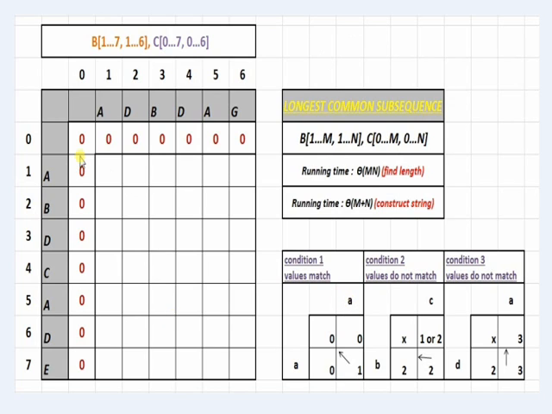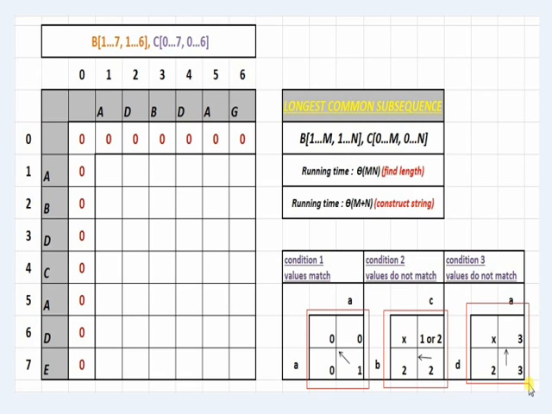Every time we traverse over the cells, we have three conditions to check for each and every cell in the array. I have taken a sub-array of size 2 by 2, that is this one, or this one.